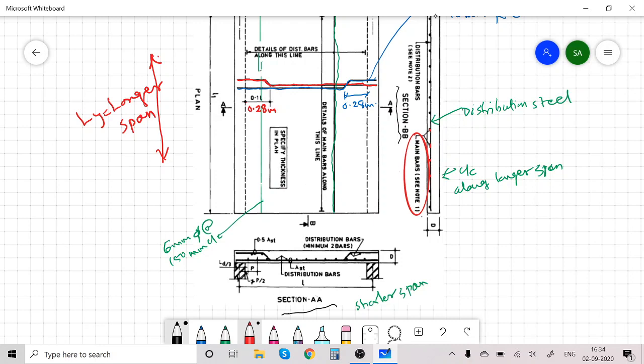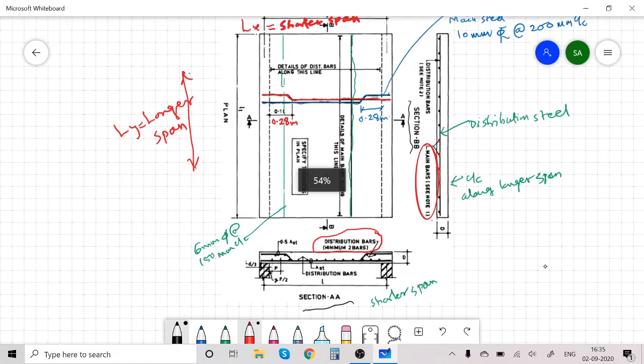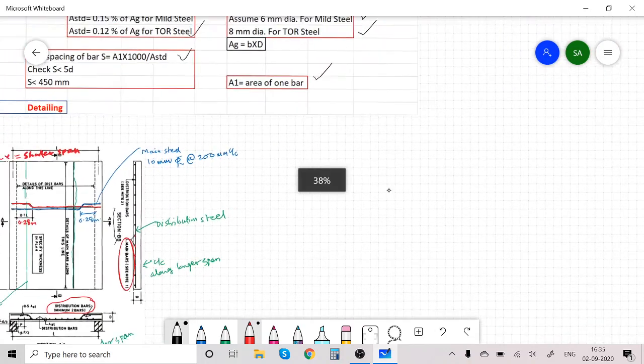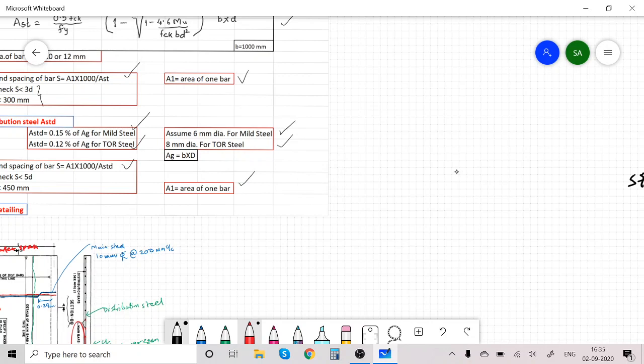Similarly, here you will see that along shorter span at the bottom there is main steel, whereas these dots indicate distribution steel. And remember, where the bars are bent and taken up, you will provide minimum 2 bars at the top as distribution steel. Minimum 2 bars. So this completes the design and drawing of one-way simply supported slab. Thank you.